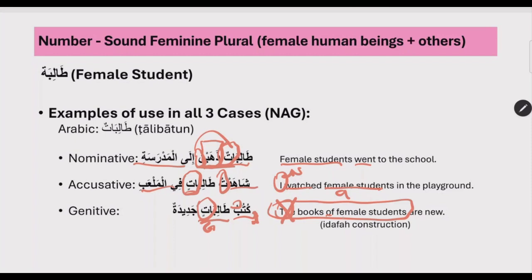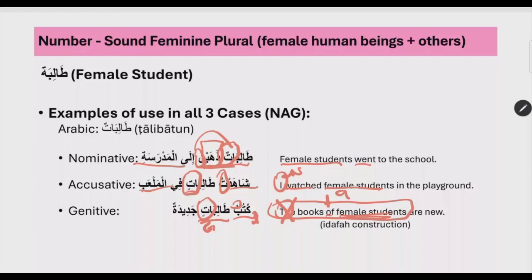So this idafa construction, the feature of it is the second noun is normally always genitive in case, and therefore this is an example of an idafa construction, and the reason for it being genitive is it is the second noun of an idafa construction, and the idafa construction is shown by the word of.